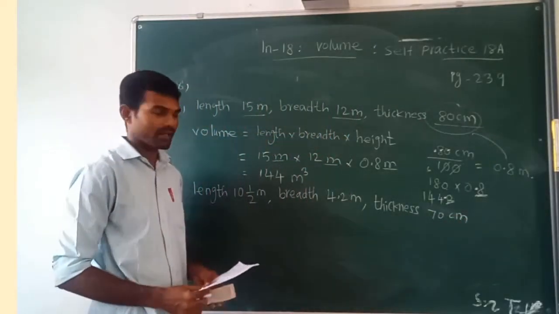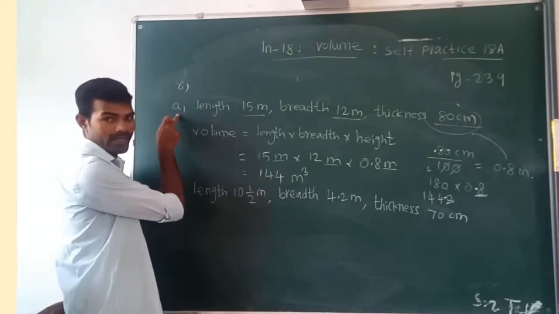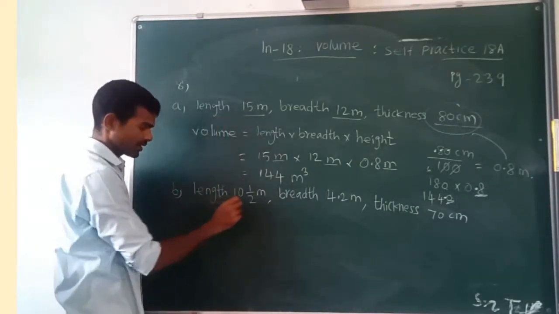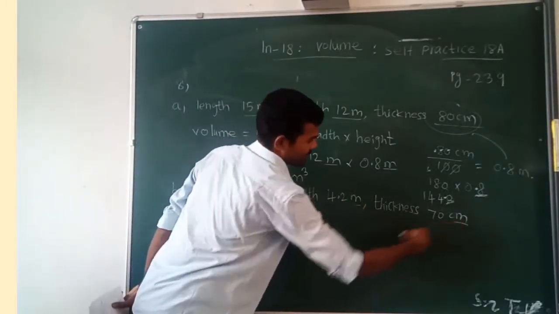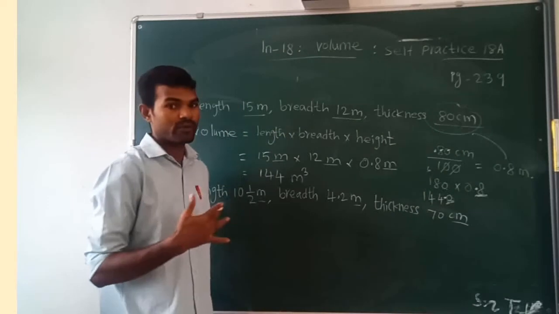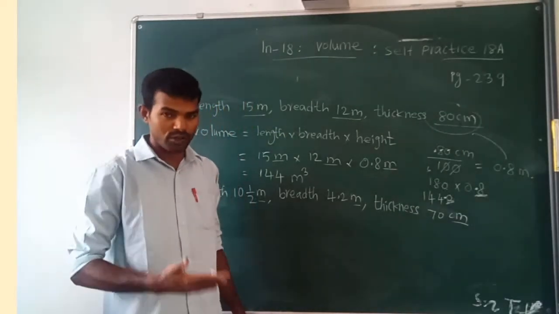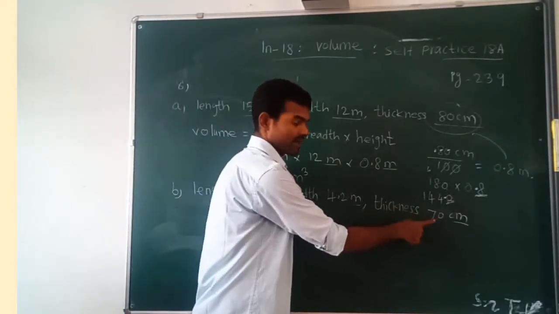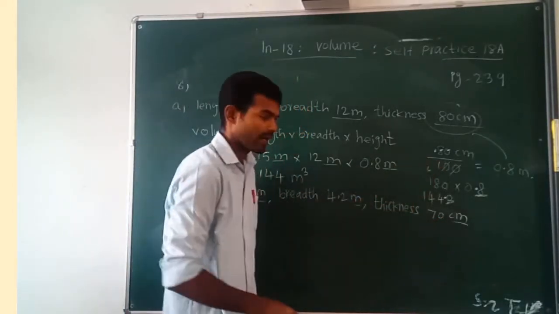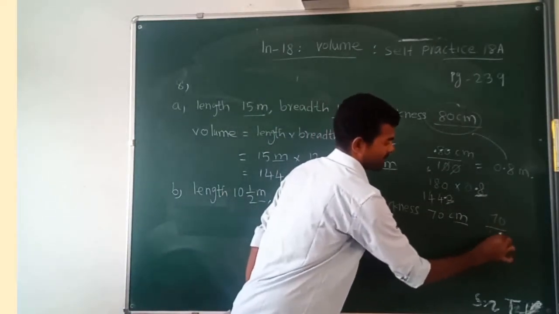Children, just look, same as A, the same method we follow here. This is meter, and this is centimeter. So what will we do? Centimeter means first convert the centimeter into meter. How can we convert? Divide the 70 by which number? 100. So 70 by 100.